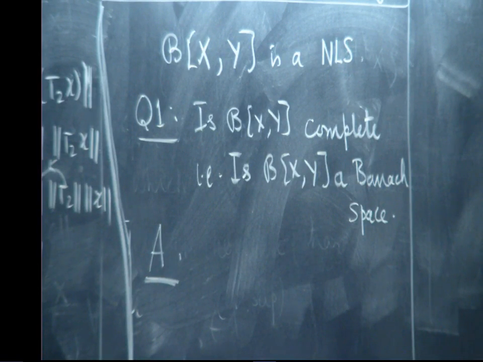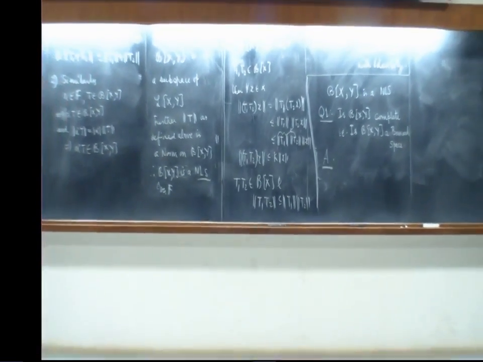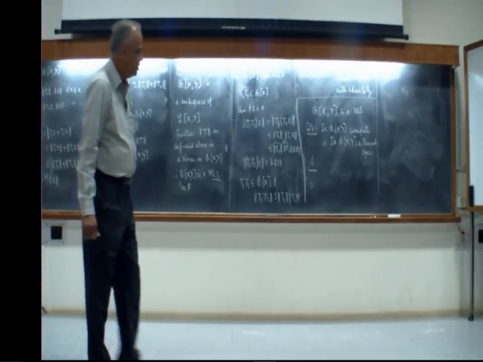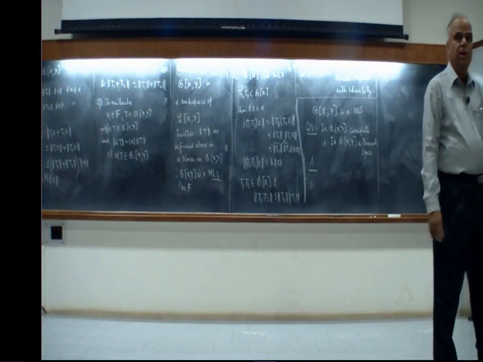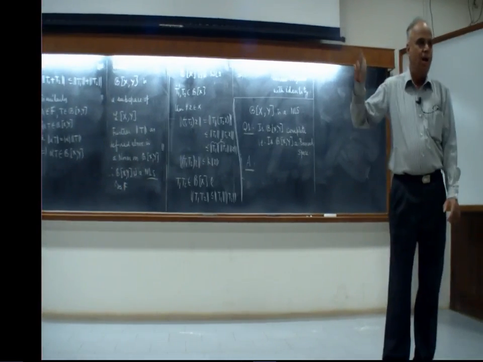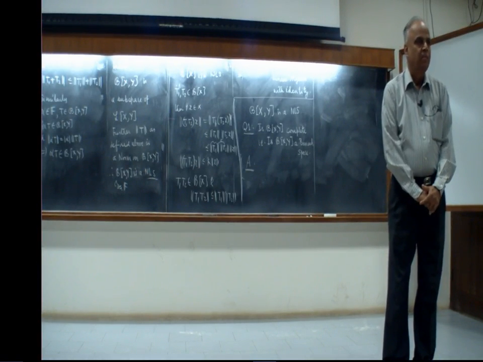Maybe we should ask both X and Y first of all to be Banach spaces, then ask whether B(X,Y) is going to be a Banach space. But it turns out, irrelevant of whether X is a Banach space or not, as long as Y is a Banach space, B(X,Y) will always be a Banach space.